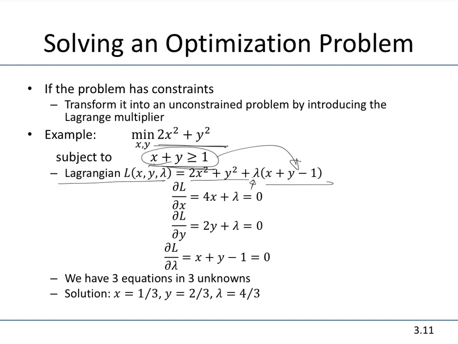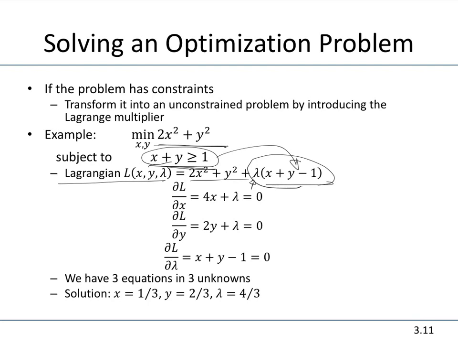If your constraint is not achieved, this means that I will add a certain penalty over the minimum function that you have. So this will allow the minimization to try to set this term to be zero. Okay.